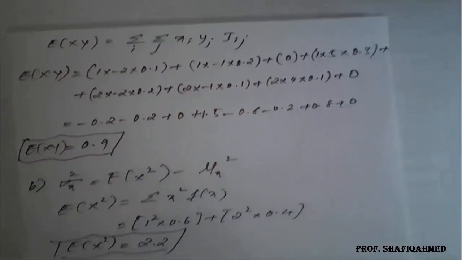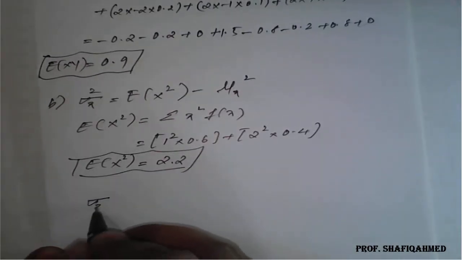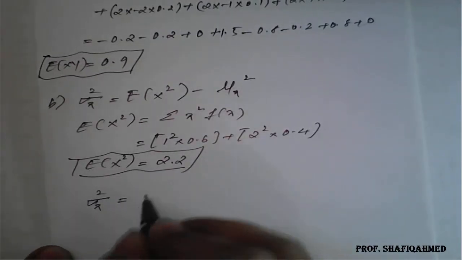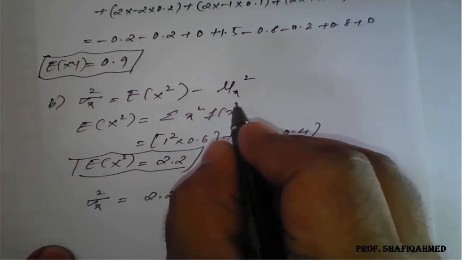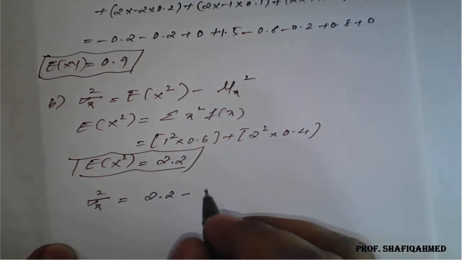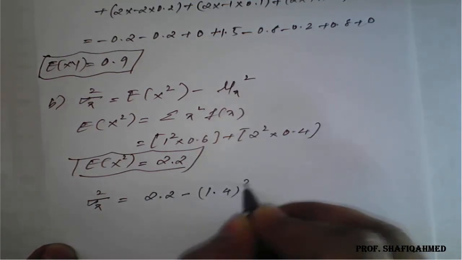With the help of this, you can find the value of variance of x. It is 2.4 minus mu square. Just now we got the mu value as 1.4, so we need to square it.